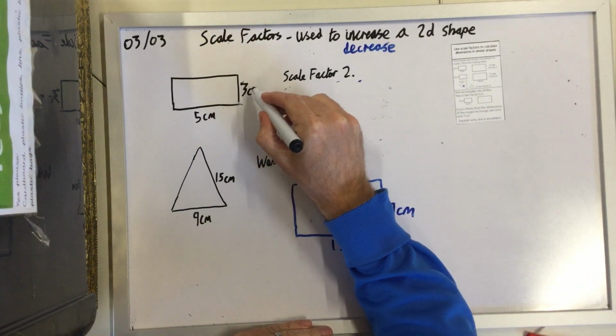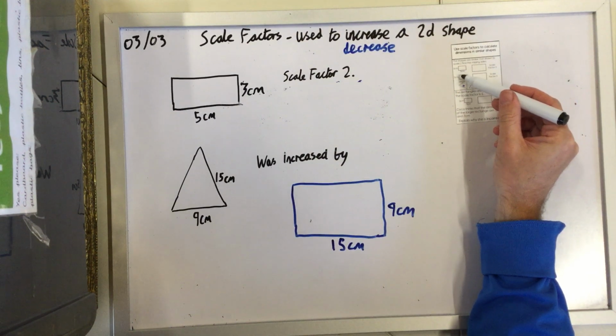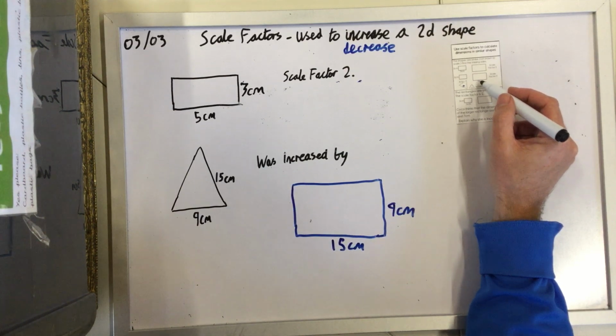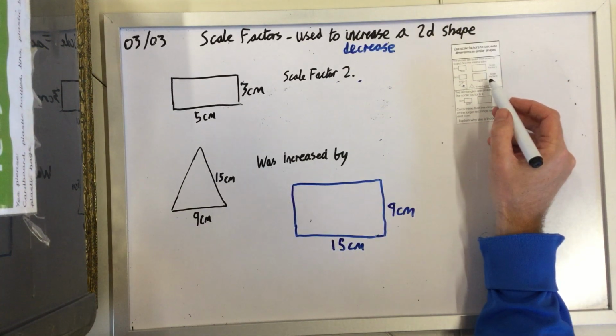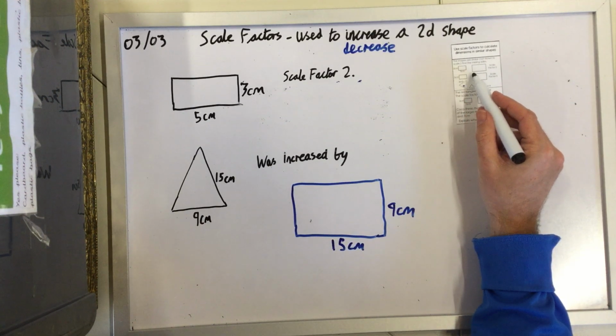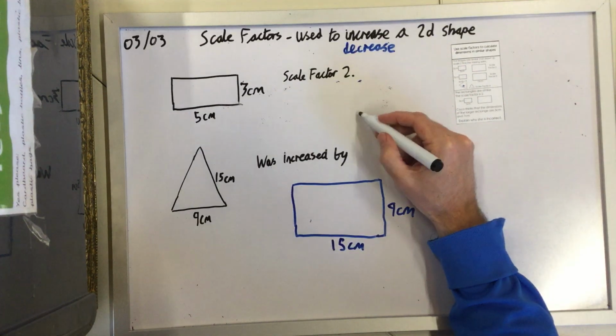If you look at your second one today, you have a measurement of 3 centimetres on one side, but nothing else given on the rectangle. But on the one that's been scaled up by scale factor 3, you've been given 15. So you can work between the two. This one needs to be increased by 3, this needs to be decreased by 3.